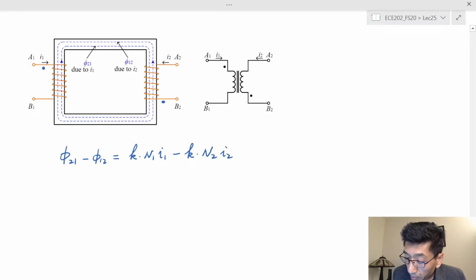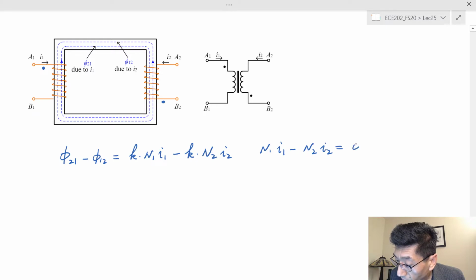And the same k is infinite because the permeability mu is infinity. So we have N1 times I1 minus N2 times I2 equal to 0.